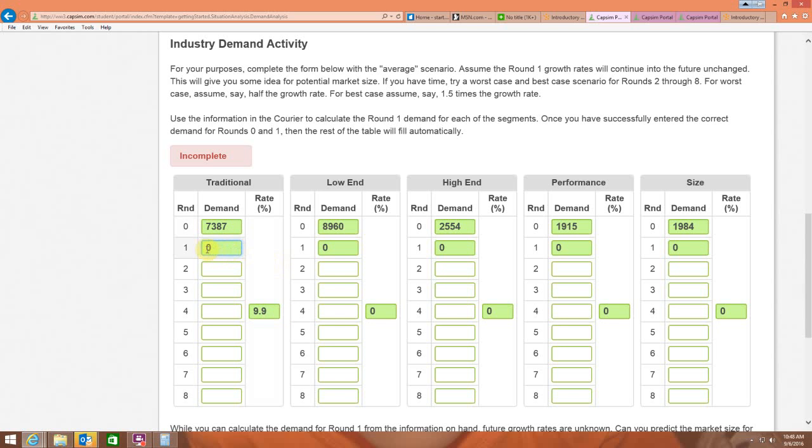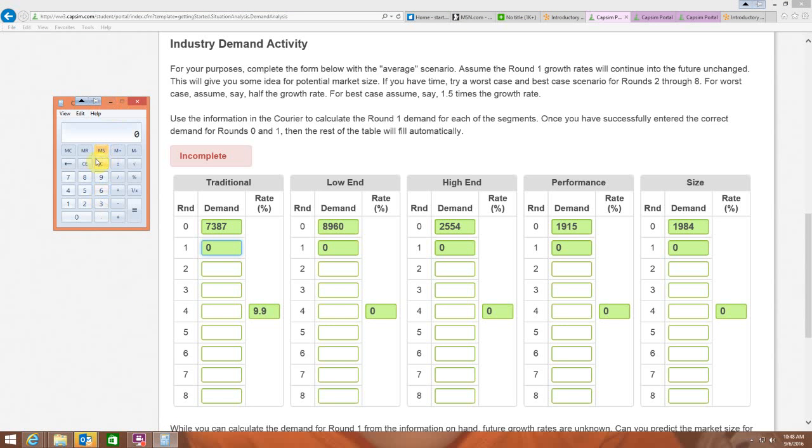So then I have to calculate, using the 9.9%, what my demand is going to be next year. Using simple math, I'll bring up my calculator here. I take my demand from this year, 7,387 units, and the shortcut is to just multiply that by 1.099, 1 plus my growth rate.